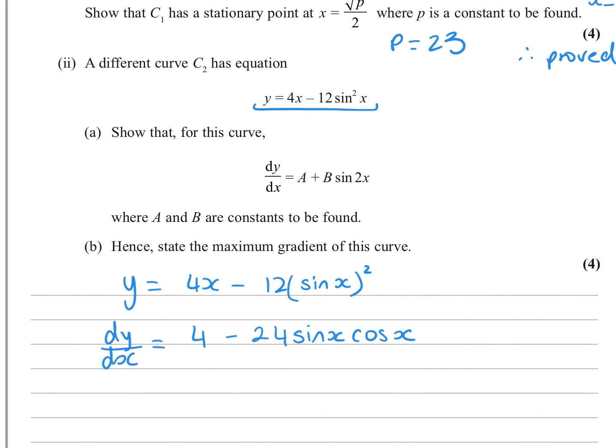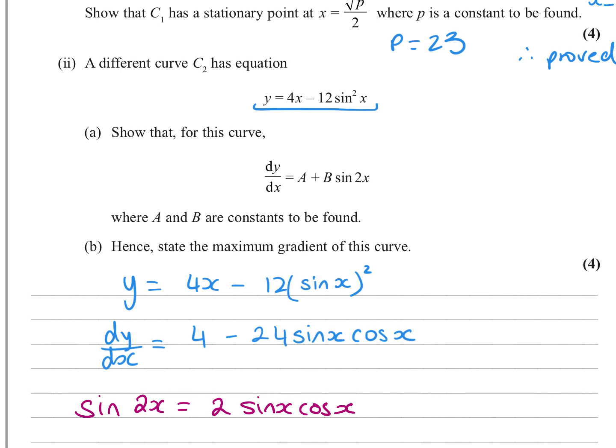Okay. Now the next part of the question says show it equals a plus b sine 2x. So, sine 2x, using the formula, equals 2 sine x cos x. Okay?